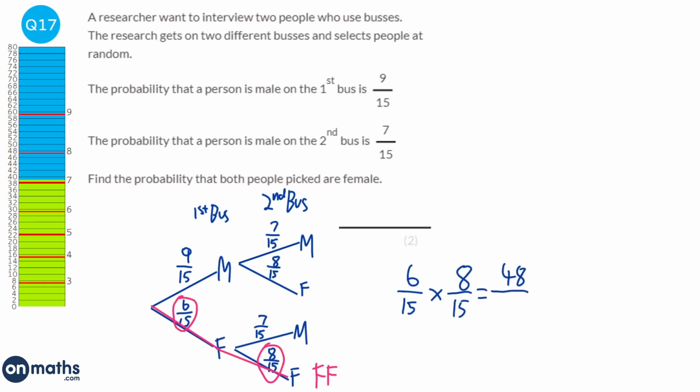And times the bottoms, 15 times 15 is 225. Now you can actually cancel that down. So what you can do is divide top and bottom by 3. And that would be 16 over 75. So either 48 over 225 or 16 over 75.